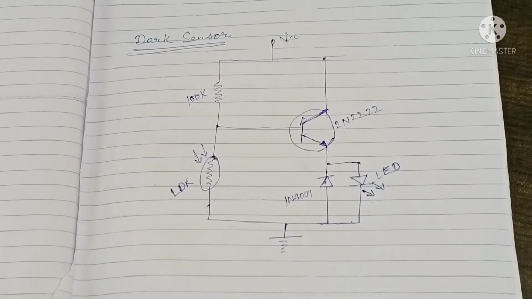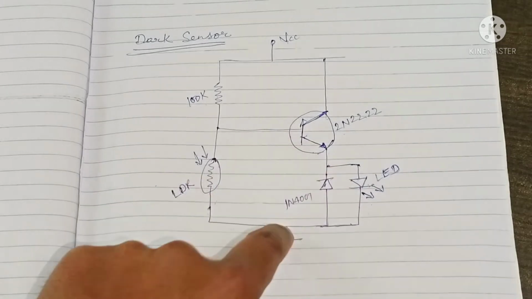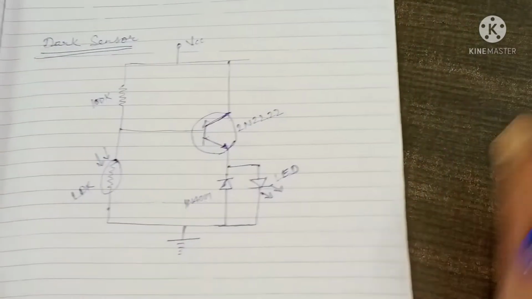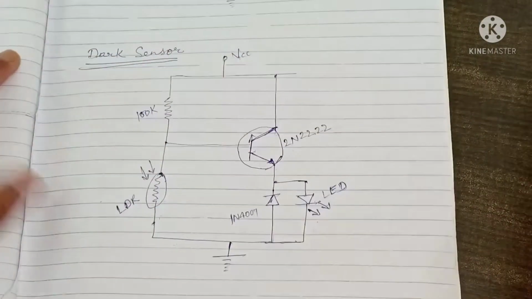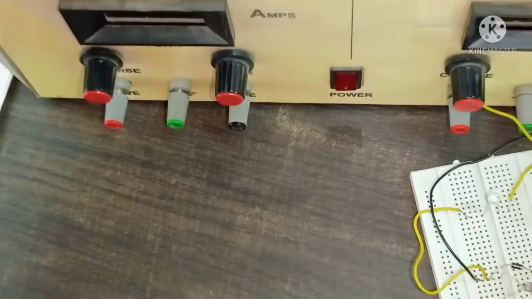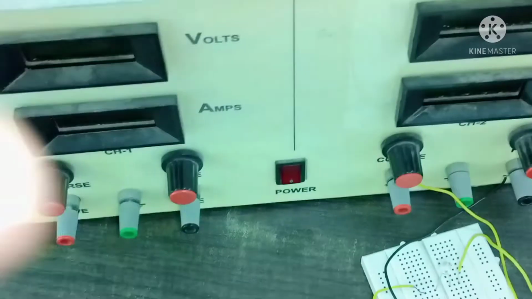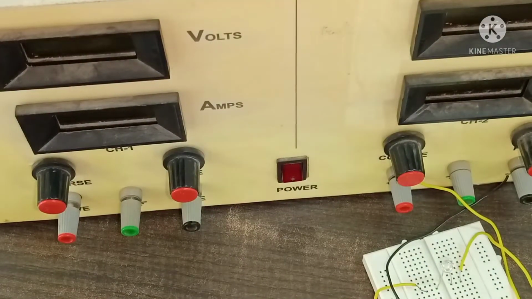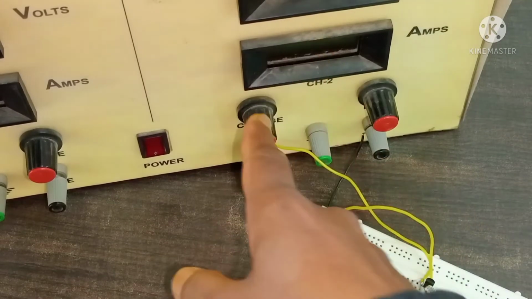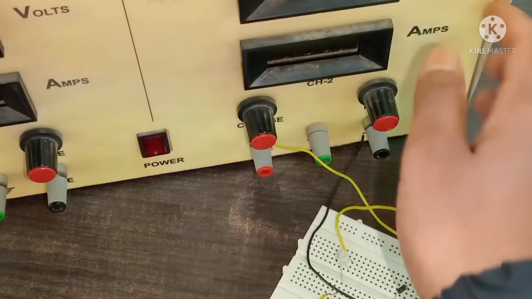So this is the circuit, and according to this circuit I will show you. Now you can see here, this is a variable power supply.